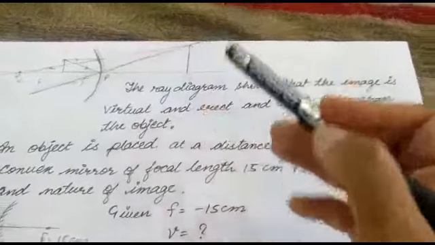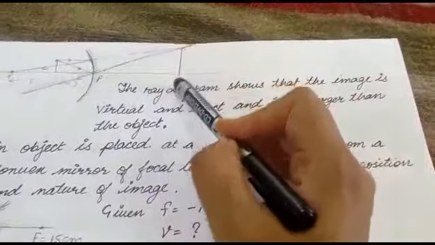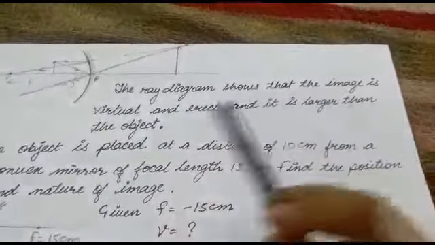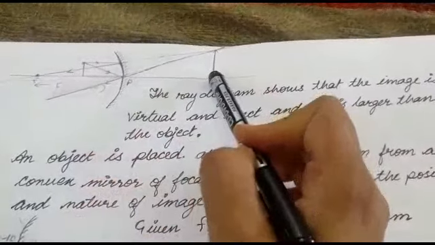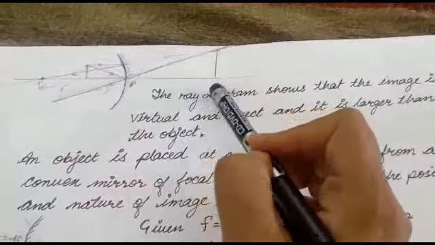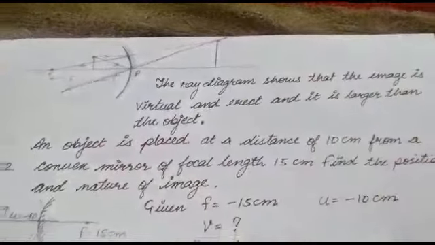At that point the image will be formed. So the image is virtual and it is erect and it is larger than the object. If you compare the size of the object with the size of the image, we can easily see that the image size is much larger than the object.